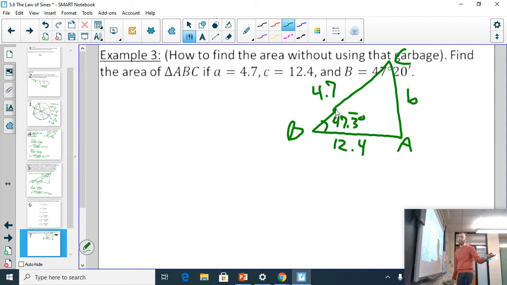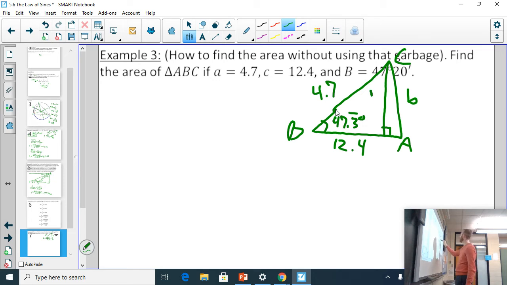And now it is a law of sines problem, but notice it's asking for the area. So to find the area, we would need the height right here. Well, now this gets weird because we have 12.4, but we don't know exactly how much it is.